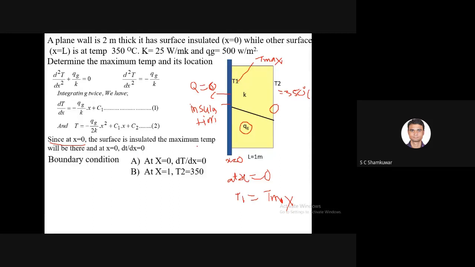So apply the boundary conditions. At x is equal to 0, dT by dx is equal to 0, and at x is equal to 1 meter, temperature is 350. If you apply these two conditions, you will get C1 is equal to 0.